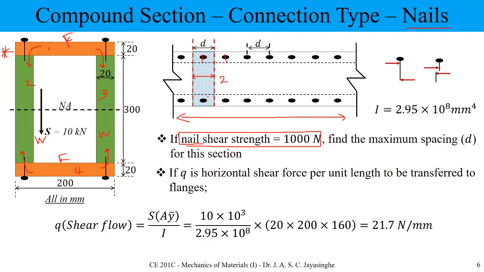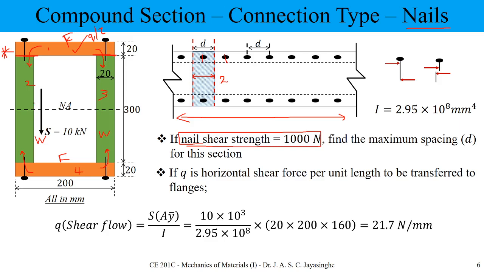Now what we need to do is calculate the shear flow or shear stress at that level, and check whether this arrangement is adequate to transfer this shear stress from flange to web.